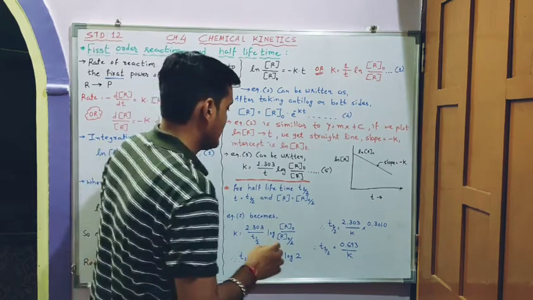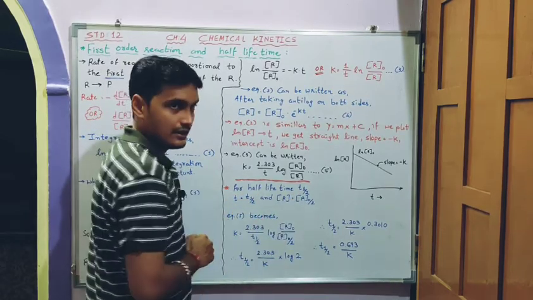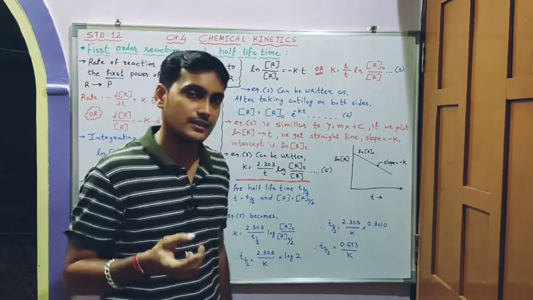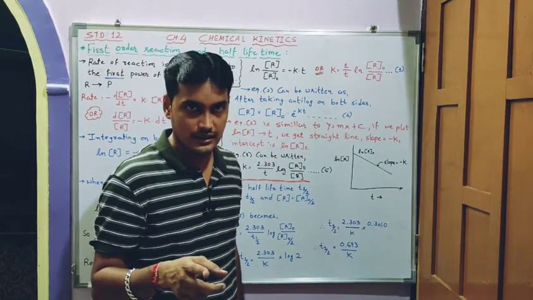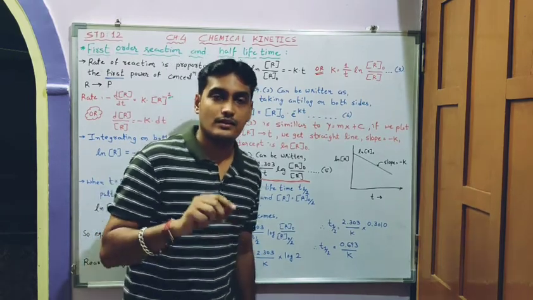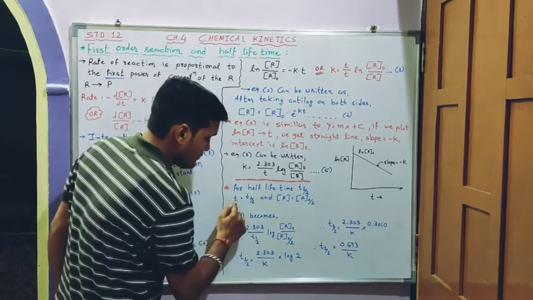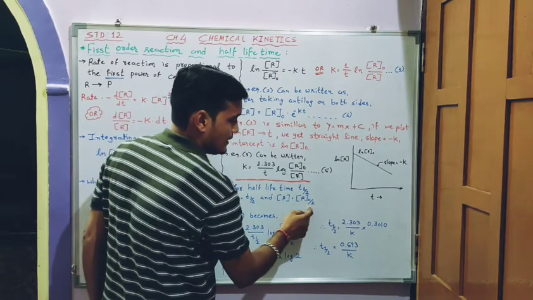Okay. Now the second part of this theory, T1 half calculation, half lifetime. We know the definition. When the concentration becomes exactly half of the initial concentration, that time is known as T1 half. So T is equal to T1 half and R is equal to R0 by 2.